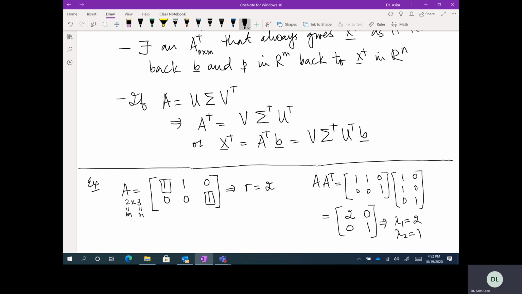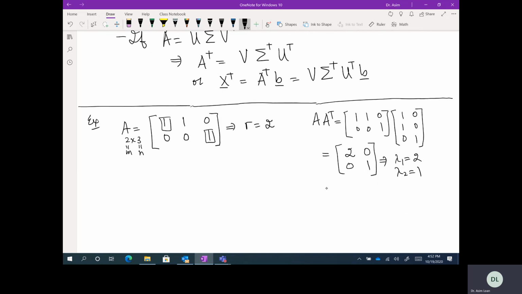If you compute A transpose A, which I'm not going to do, and I will encourage you to do that, you'll find lambda 1, lambda 2, and lambda 3, because it's going to be a 3 by 3 matrix. So lambda 1 is going to be 2, lambda 2 is going to be 1, and lambda 3 is going to be 0, because A transpose A and A A transpose both share the non-zero eigenvalues.